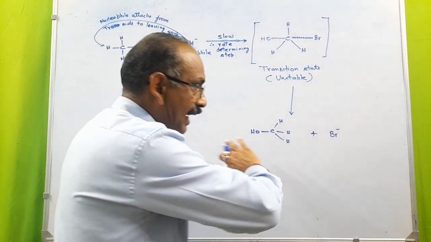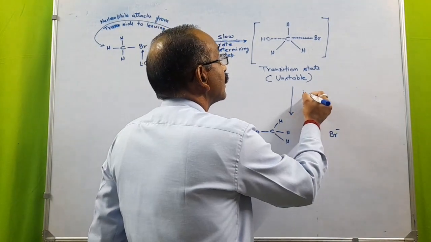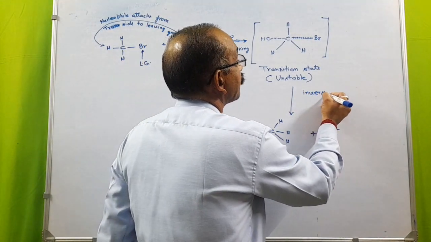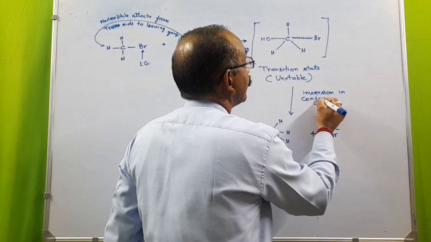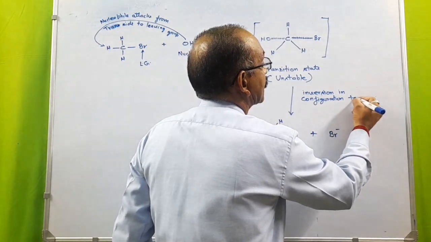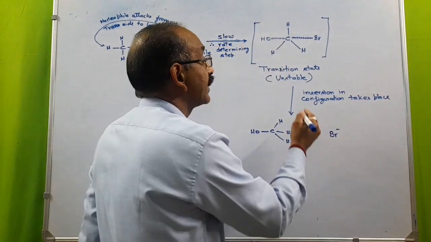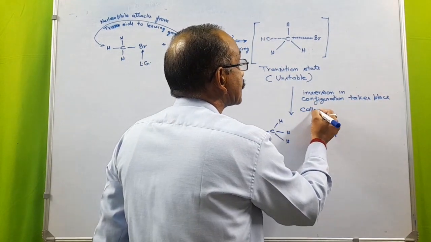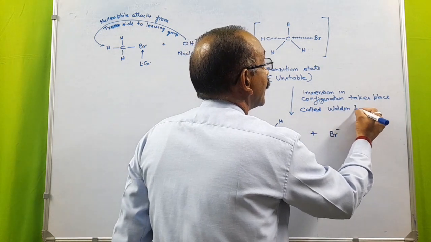So the groups which were lying on the back side shift to the front side, and here we can say that inversion in configuration takes place. This inversion in configuration is called Walden inversion.